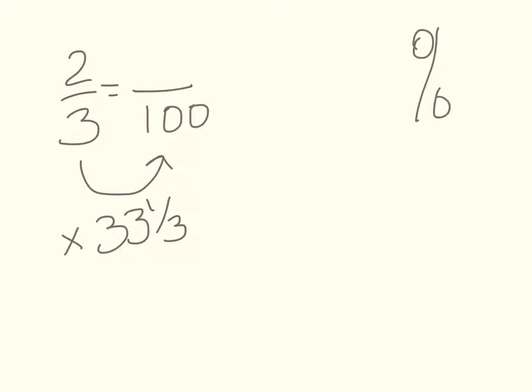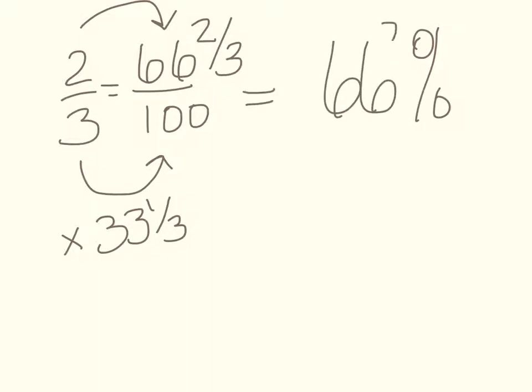So to find the percent, I went 33 1/3 times here, times 33 1/3 up here is 66 2/3. So it equals 66 2/3%. See, it's not really that difficult, and that's why with something like this, it's just easier to have the thirds memorized. The other numbers you can pretty much quick figure out. The thirds are a little bit harder.